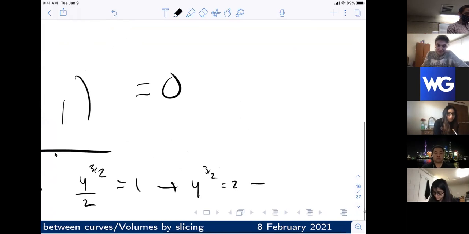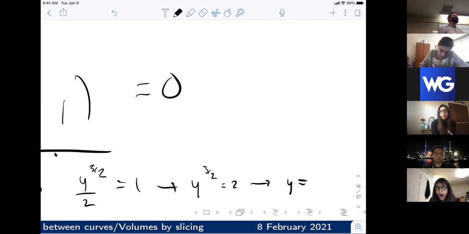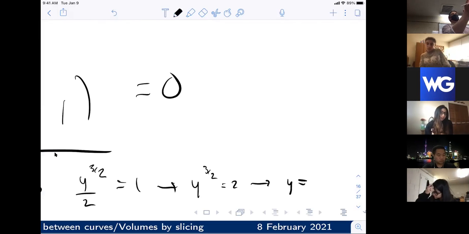And so what do I do to both sides here? y is equal to, how do I undo y to the 3/2? No, multiply by 2/3. I think you're thinking of the right thing, but it's not multiplying by 2/3.